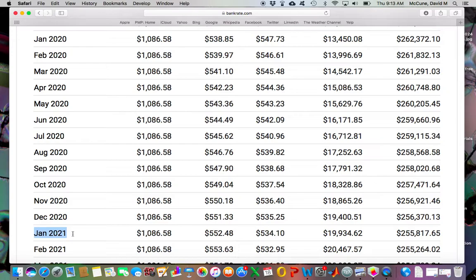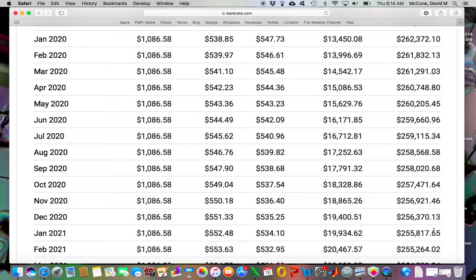So here is where the interest rate change will take place. So notice 3 years into the loan, or 36 payments into the loan, however you would like to say it, notice the amount that you still owe on the loan is $255,817.65. So you borrowed $275,000, that was the original mortgage amount. You have not reduced that amount by very much.